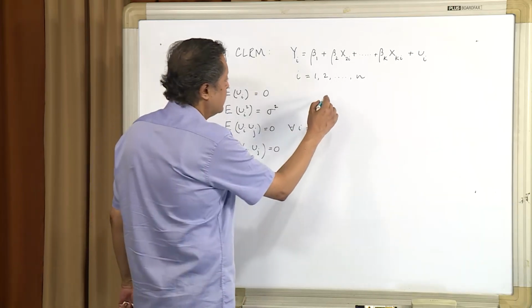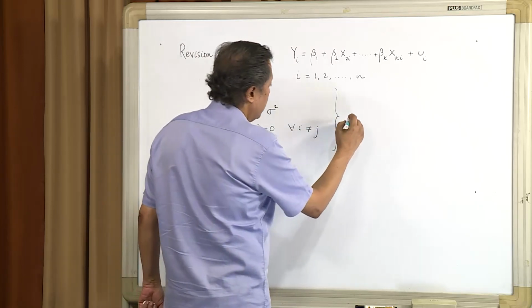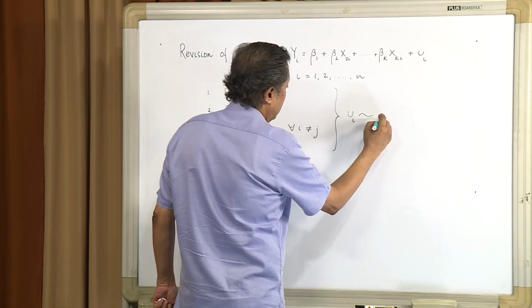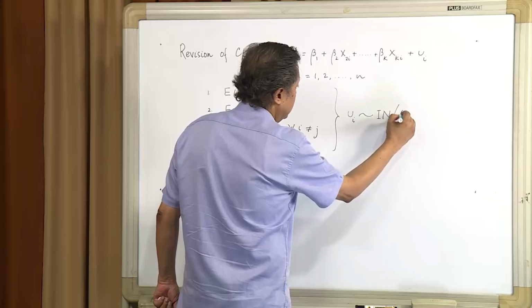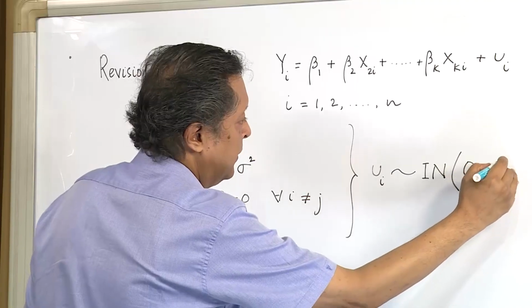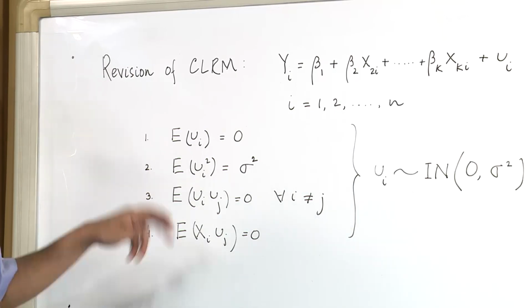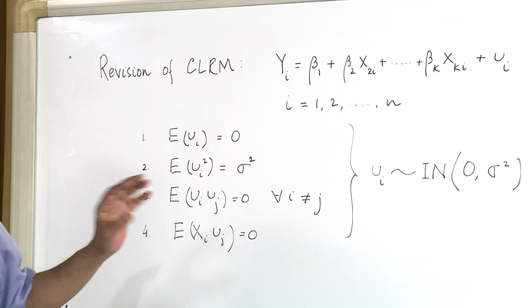So, in that case, assumptions 1, 2, 3 are summed up as ui follows independent normal with mean 0 and variance sigma square. So, that in a nutshell is the set of main assumptions.